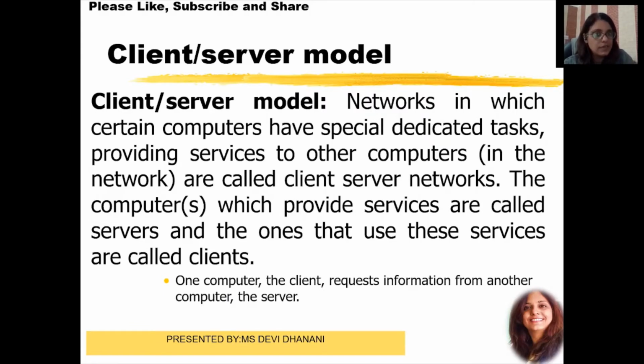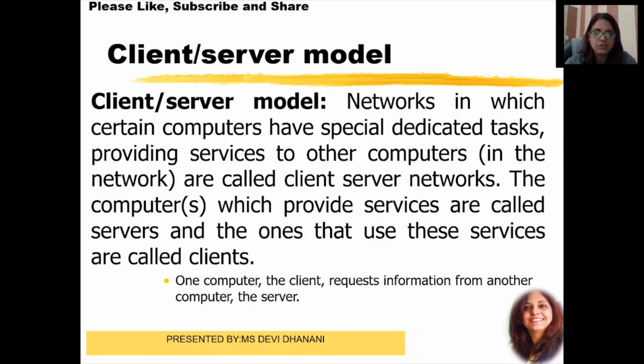Now, what happens in a client-server architecture or the client-server model? First and foremost, in this type of network, we have two types of computers. One is the client, another is the server. The server computer over here performs some special dedicated tasks. It provides services to the other computers. So what special tasks can it provide? For example, a printer can be connected to a particular computer and that becomes the server in the entire network.